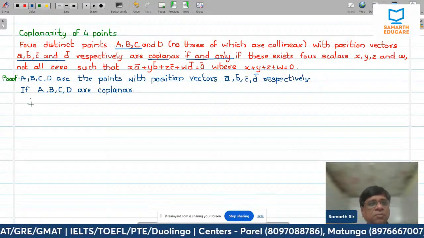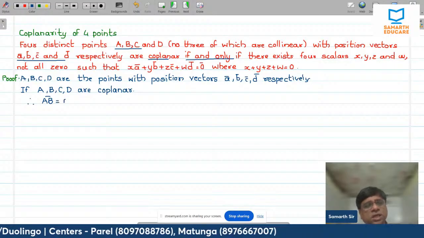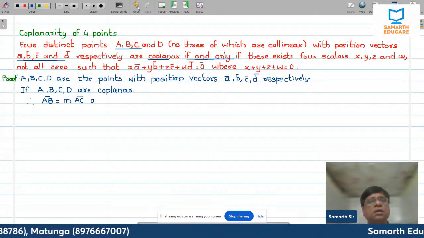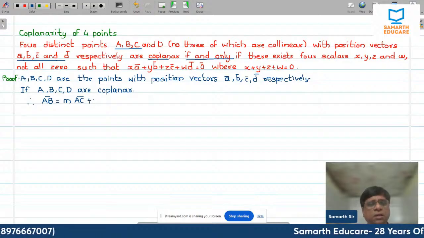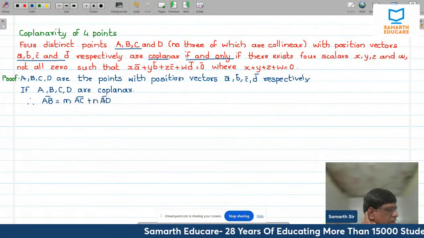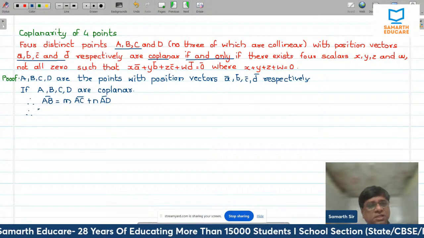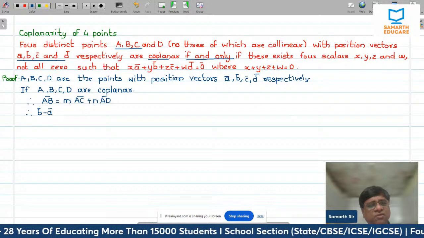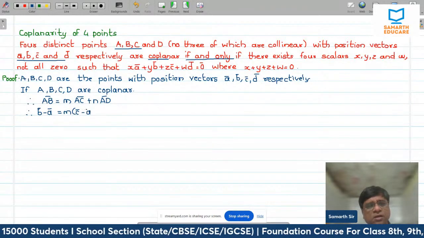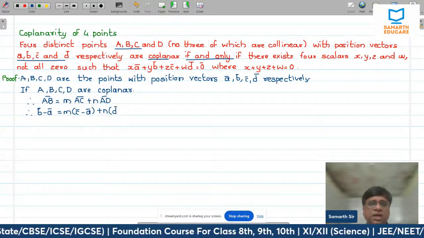That means AB bar is some linear combination of AC bar and AD bar. AB bar is equal to m AC bar plus n AD bar. Now, if I simplify this, this is B bar minus A bar, just like we have done in the previous case. AC bar is C bar minus A bar and AD bar is D bar minus A bar.